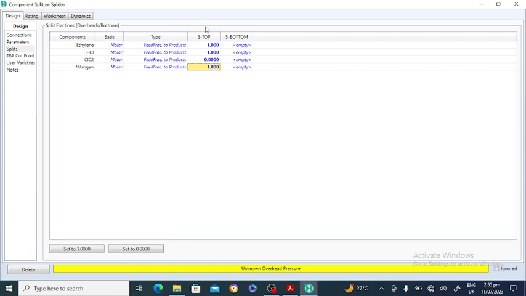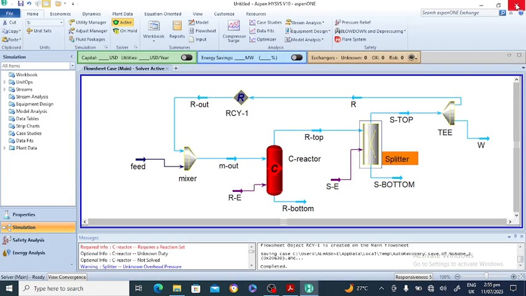Now we will close this one. You can also put this from the reactor outlet. You can find the fraction of the ethylene, HCl, etc. So I am putting 1 and 0 for this one. Okay, now close this one.